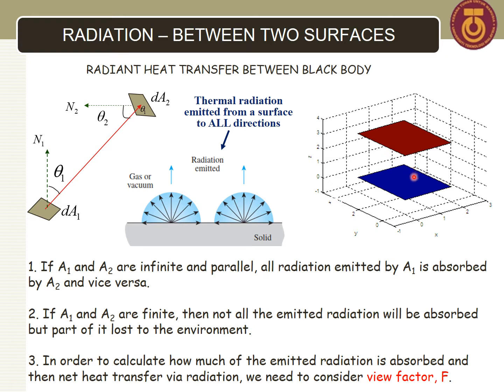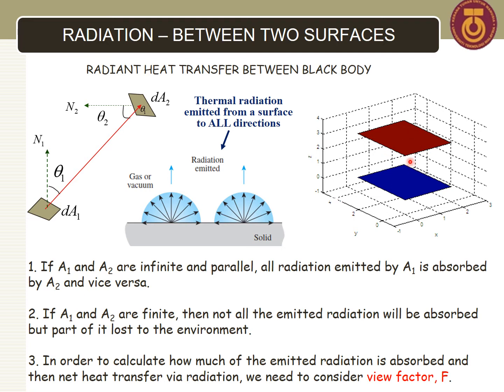If they are parallel, the quantity of radiation falling on another surface is different compared to if they are not parallel. If this is an inclined surface, then the quantity of emitted radiation falling on surface 2 will be different compared to when these two surfaces are parallel.